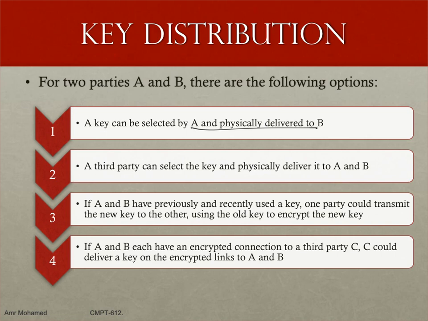And once we share it, we can use the new key and forget about the old key. So we can renew these keys as we move forward through the communication. And again, we are doing this because we don't want to use one key for a long period of time. These keys need to be recycled every now and then. So that's one way of recycling: to use the current key to encrypt the new key.